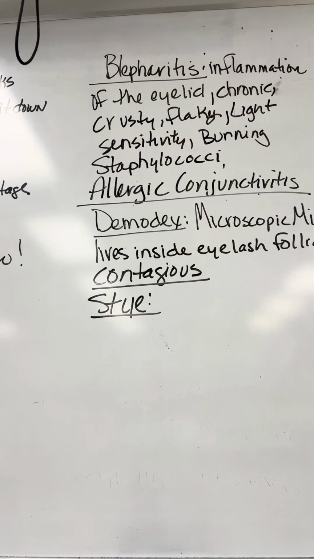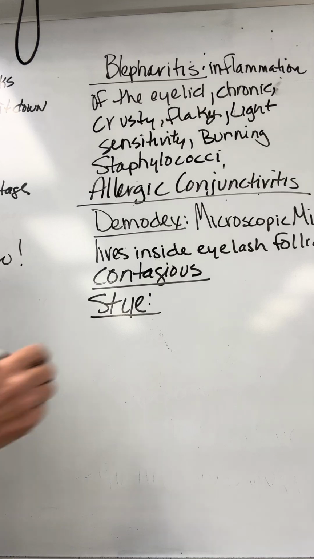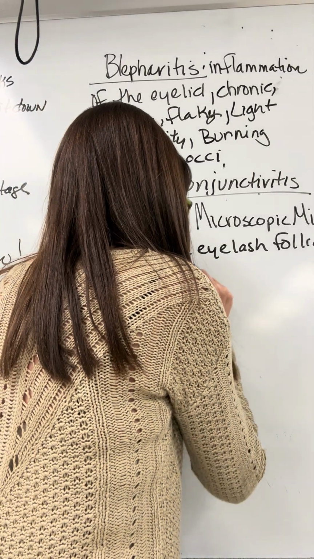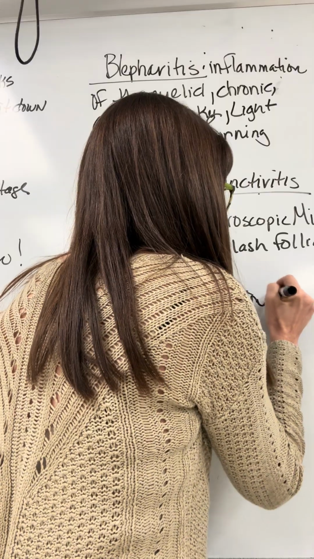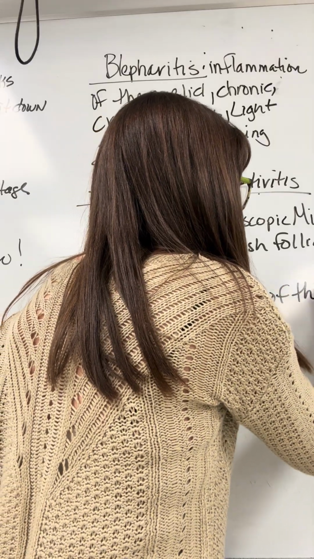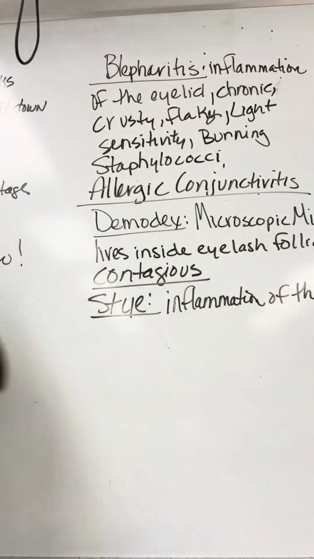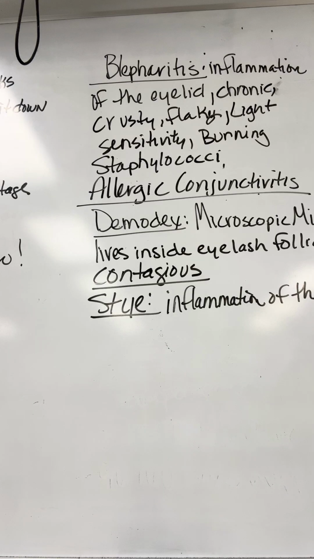I've actually gone and gotten medication because my son used to get them all the time. A stye is an inflammation, like I said, of the Zeis gland. Is that I-E or E-I? I do not know.